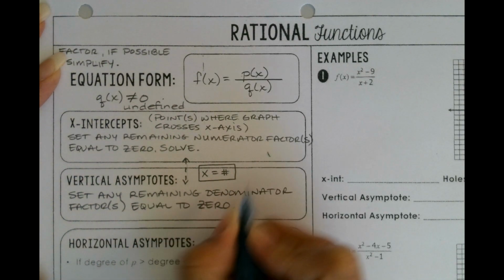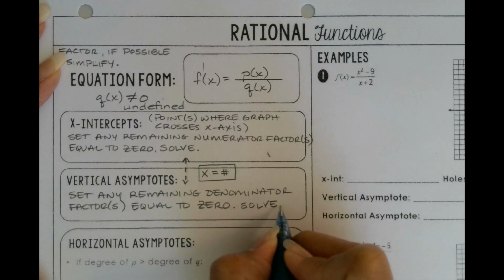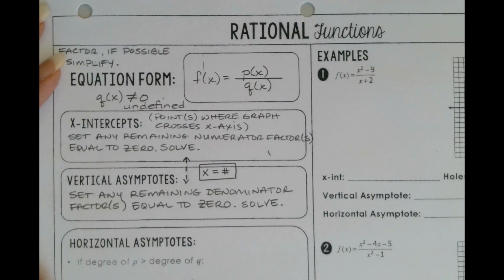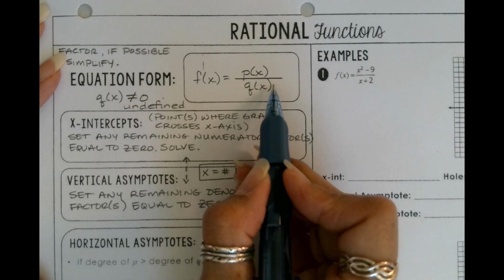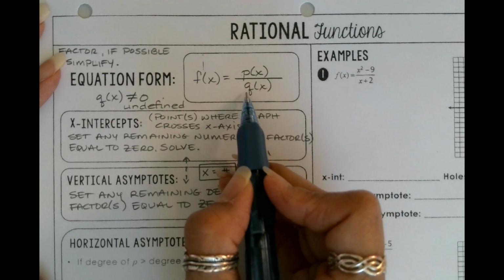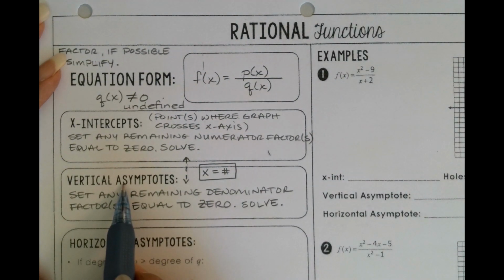And once you've done that, solve, and that will give you the vertical asymptote or asymptotes. Okay? Again, however many factors are left in the denominator after you have factored and simplified the entire rational, that's how many vertical asymptotes you will have.